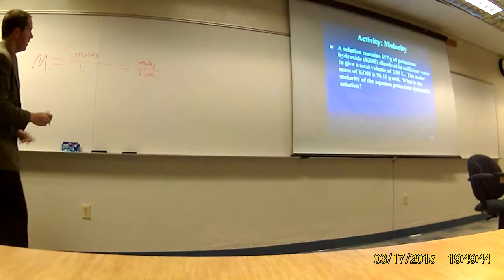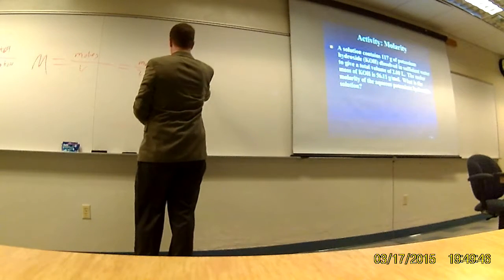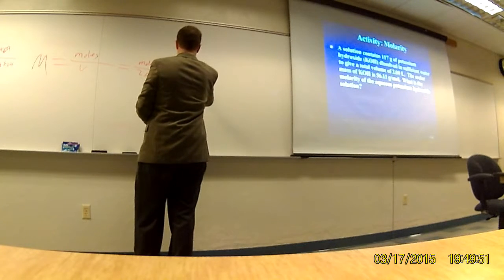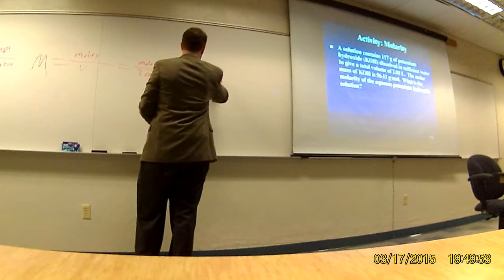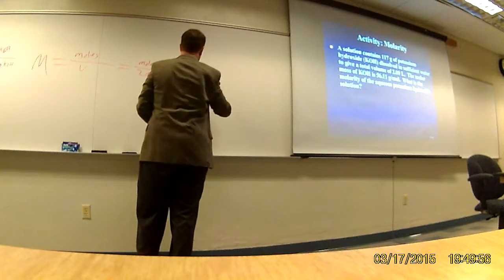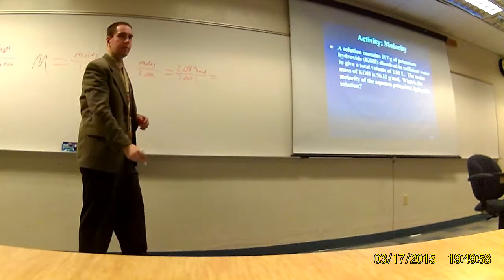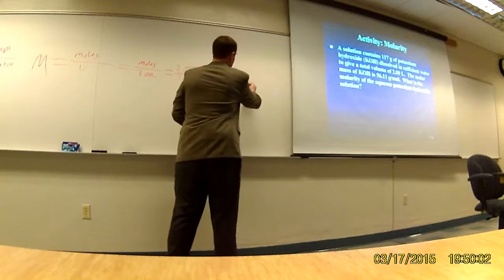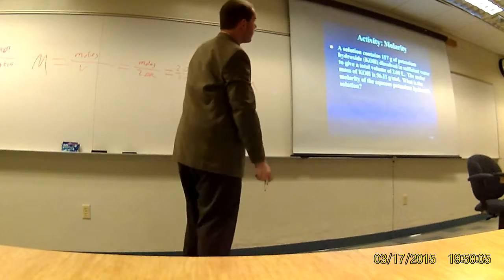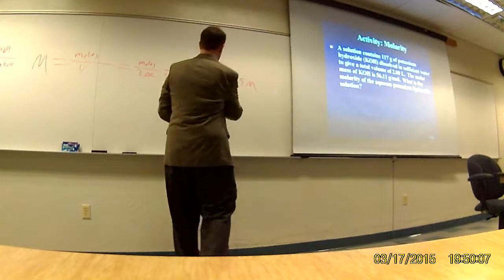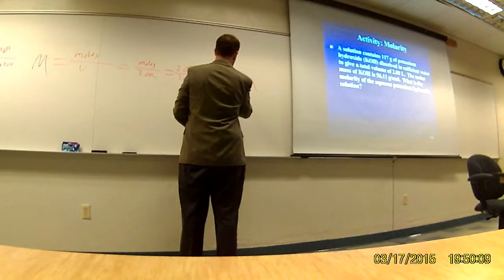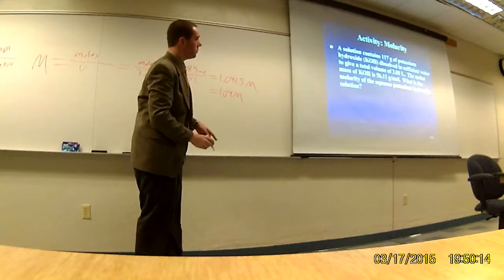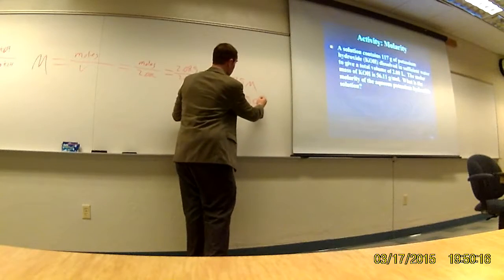So now we can take that number, plug it in here, 2.085 divided by 2.00 equals 1.0425 molar. 1.04 molar KOH.